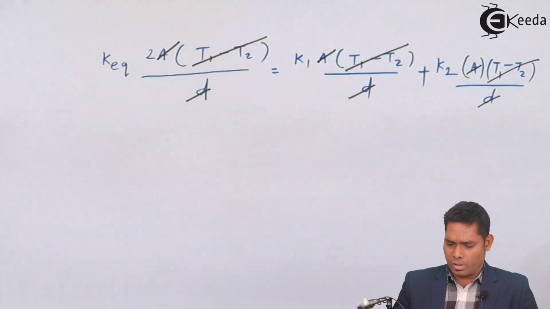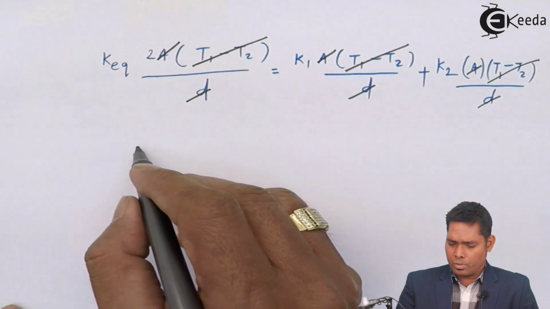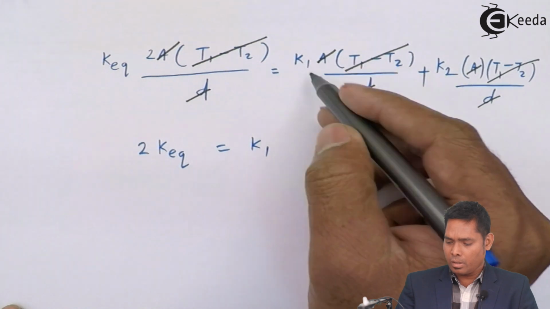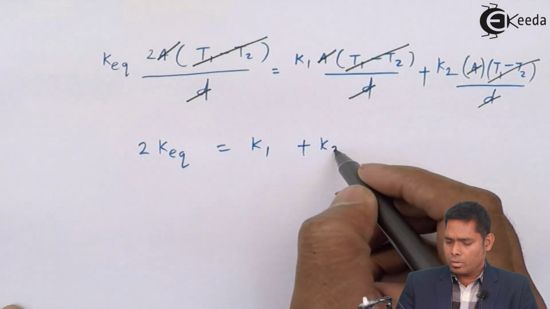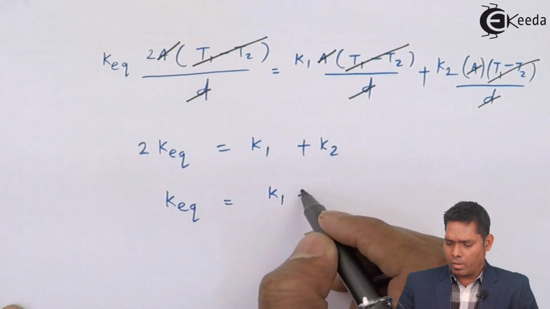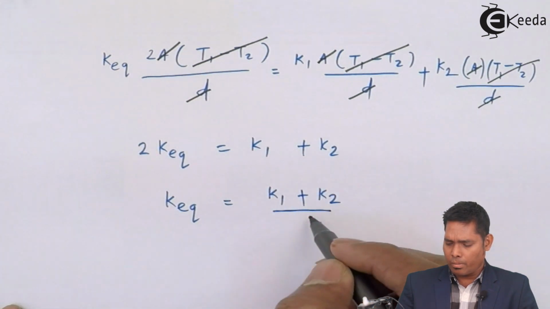What is left is 2 times K equivalent equals K1 plus K2. So K equivalent is equal to K1 plus K2 divided by 2.